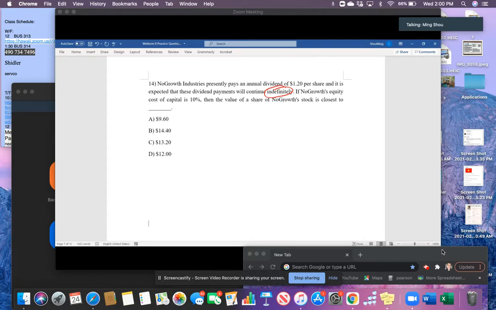Again, we connect this question to perpetuity. The price is simply equal to the present value of all the future cash flow generated by the stock, right? And we have a formula to calculate the present value for our perpetuity. We simply use the first dividend or first cash flow divided by the difference between the discount rate and the growth rate.